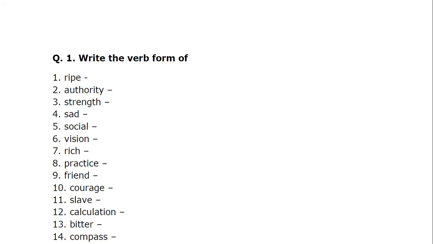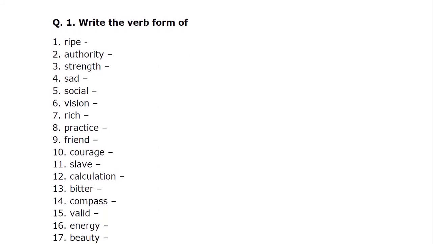Write the verb form of. I'm reading the words, okay? Authority, strength, sad. Now when you're writing sadden, S-A-D-D-E-N, remember D is there twice, okay?